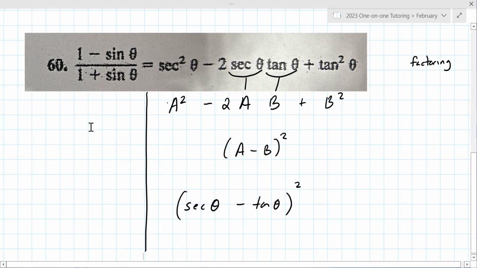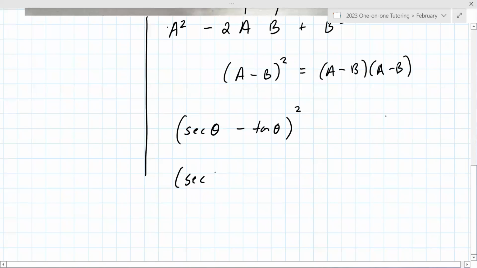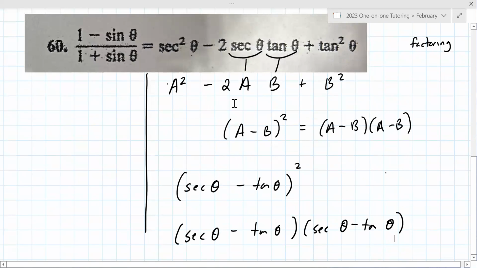That would go backwards. Because a minus b squared means a minus b times a minus b. You could write secant theta minus tangent theta times itself. But that's not getting us anywhere closer to the solution.